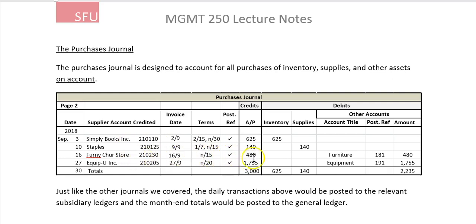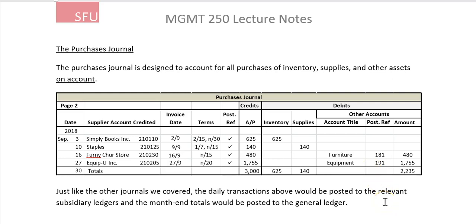This time the credit is to AP, but the account is added in. If you have an account which you don't use so commonly, it wouldn't be set up. You just fill it in and you reference it. We have equipment, right? We bought equipment. Again, there's something that's filled in. So that's how the purchases journal works.